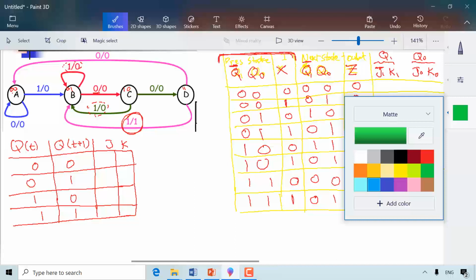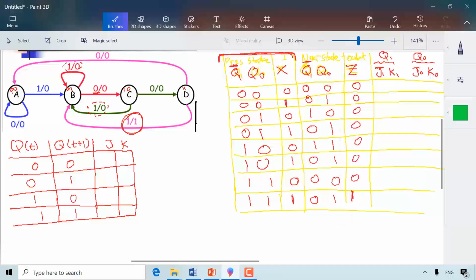I can achieve this either by 0 1 or 0 0, so that's why K is a don't care. I can achieve this transition by J being 0 and K 0, or J 0 and K 1. So K is a don't care, because it can be a 0 or a 1.